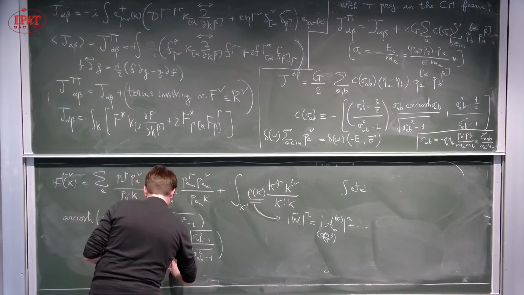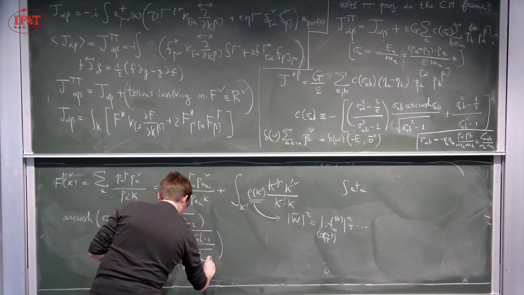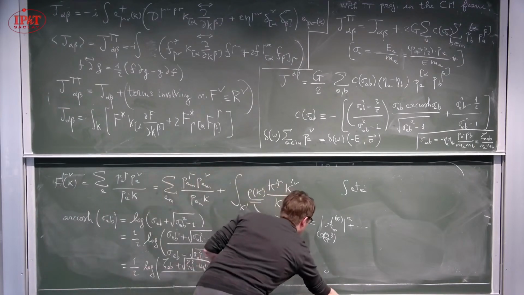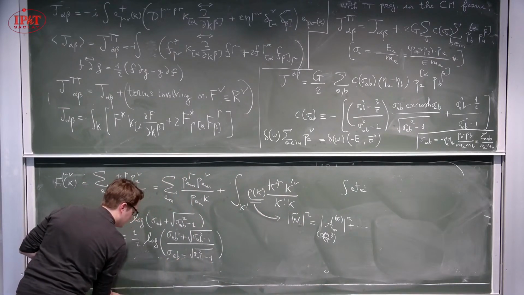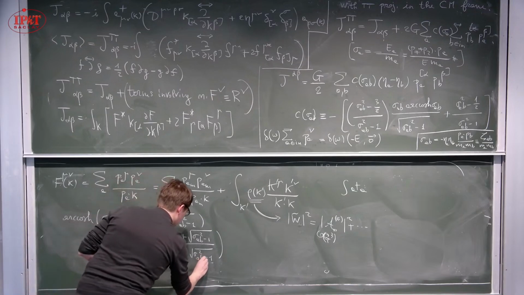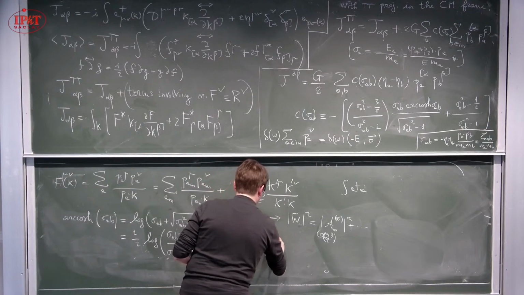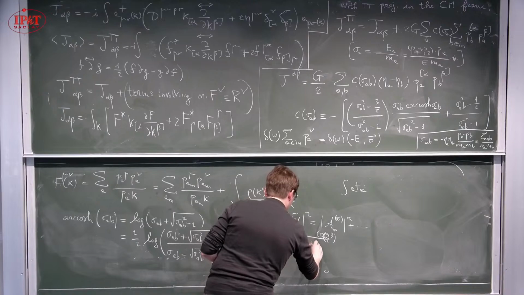So zeta_AB plus the root of zeta_AB squared minus M_A M_B, divided by, here it's unreadable. Let me write it in another option. I'm doing this in detail just because I want to illustrate this point: minus M_A M_B divided by Z.